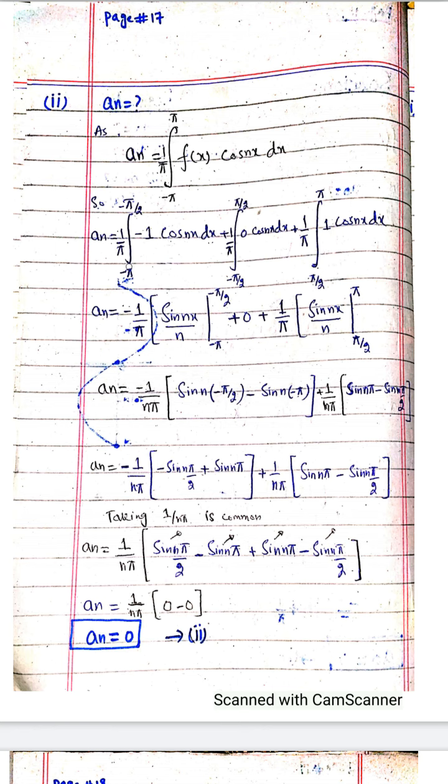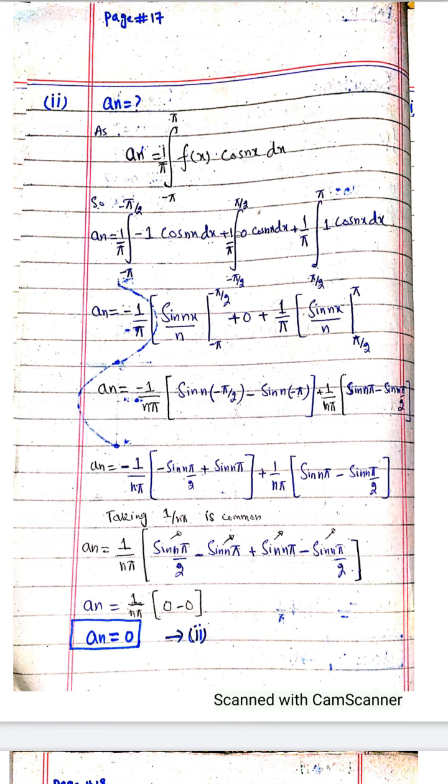So we will see aₙ, this is the general formula for aₙ. So 1 over pi integral from minus pi to minus pi by 2, the function here is minus 1, and this is cos nx dx.